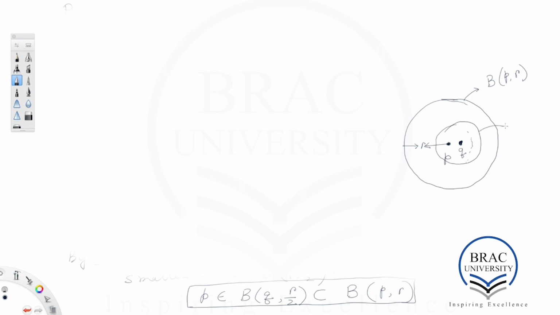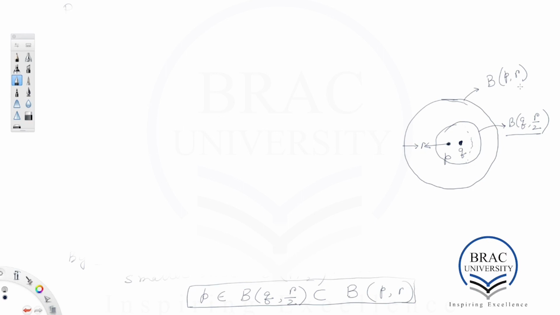This is B(Q, R over 2). We have to show that P is contained in this smaller ball, B(Q, R over 2), and B(Q, R over 2) is contained in this bigger ball, B(P, R). This is what we need to prove.